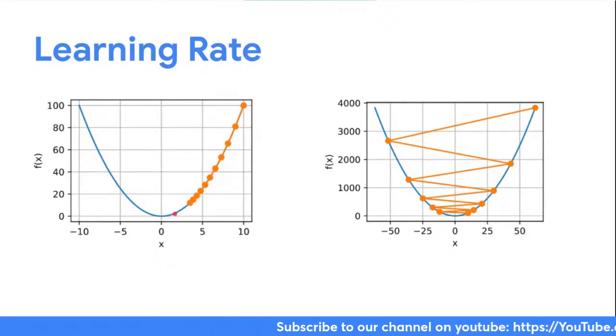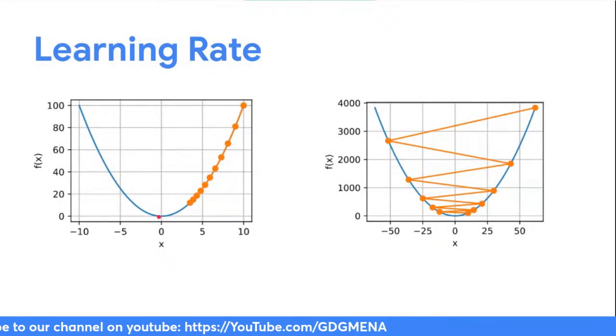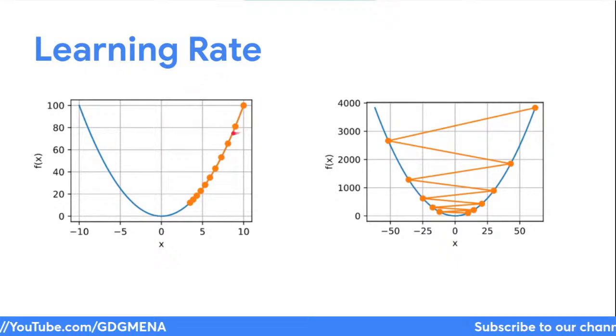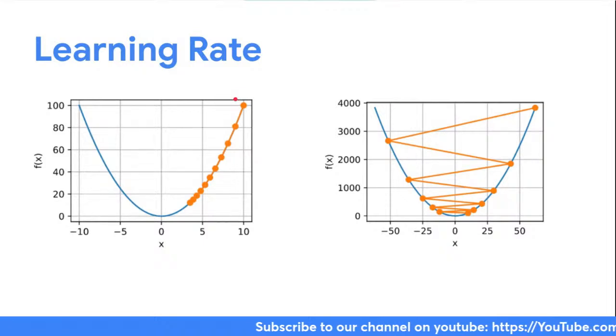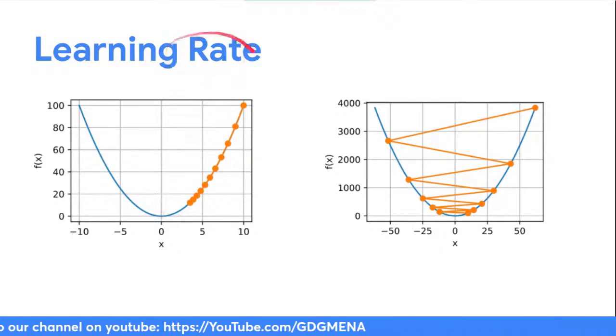As we all know, the lower our loss is, the better our model is. So in all this work, the main thing that we are going to do is to have the minimum loss function, and the learning rate helps us.